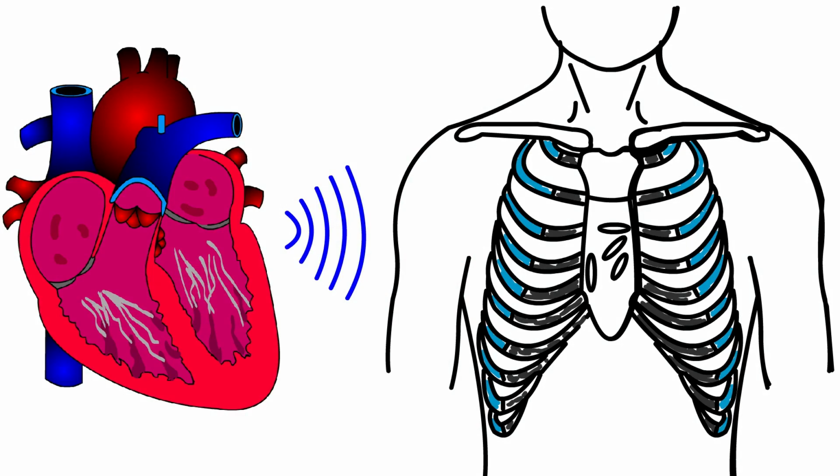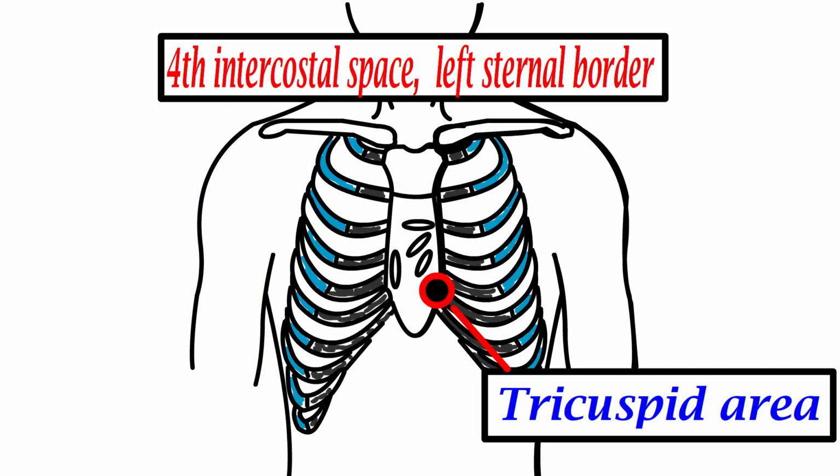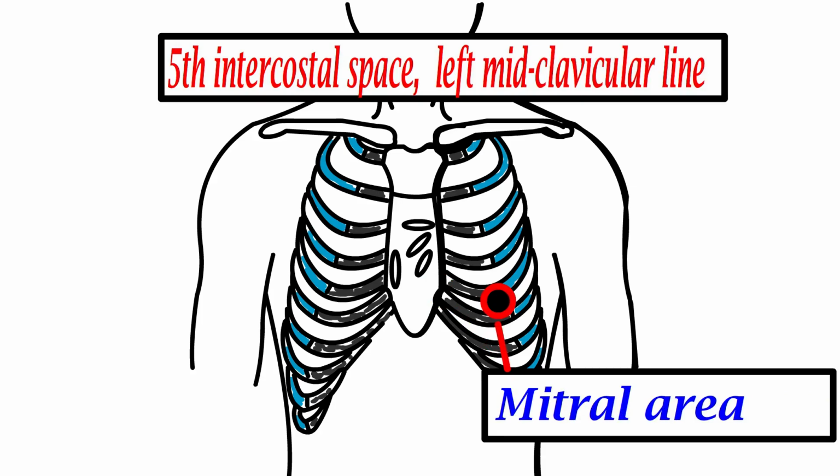The vibrations are transmitted to the walls of the ventricles. The right ventricular wall is nearest to the chest wall at the fourth intercostal space in the parasternal area. The sound caused by the mitral valve is best heard at the apex of the heart. It's at the level of the fifth intercostal space in the mid-clavicular line.